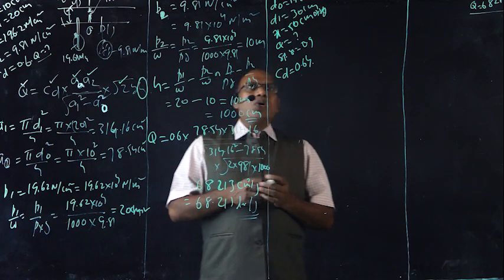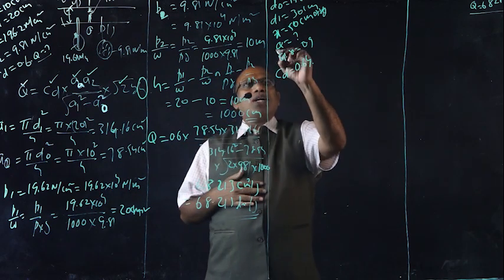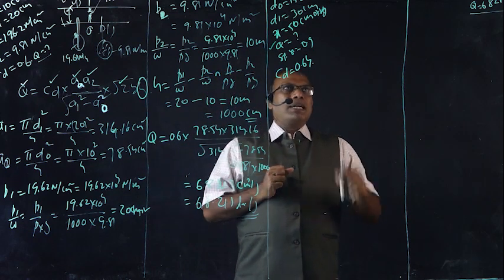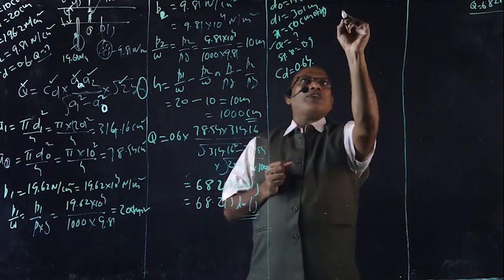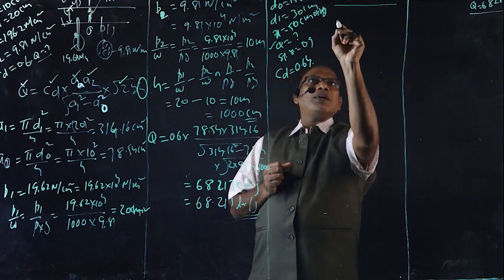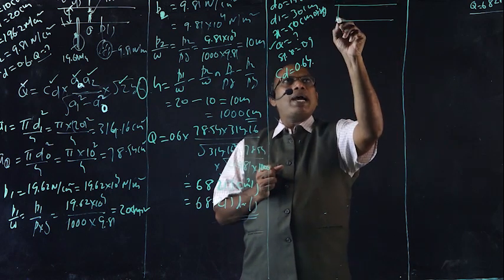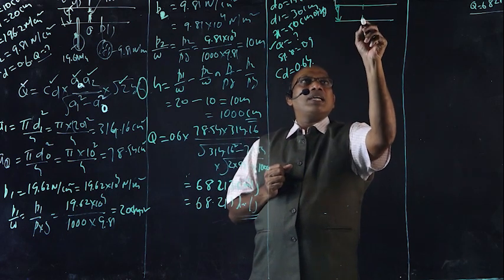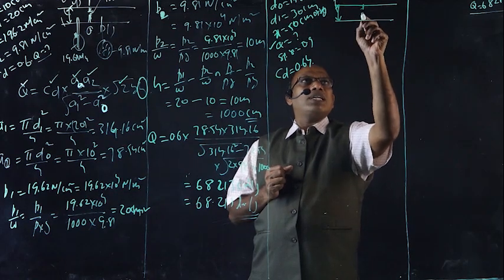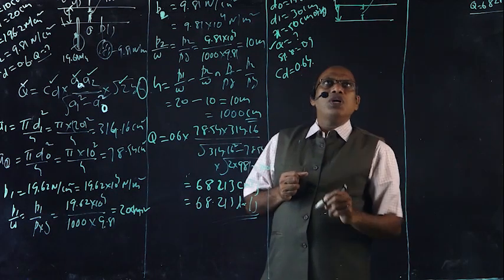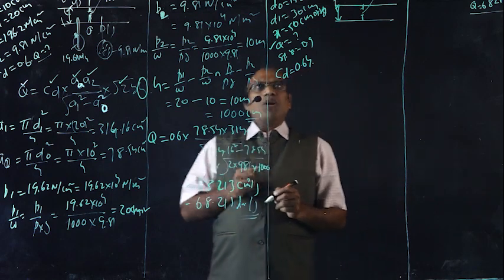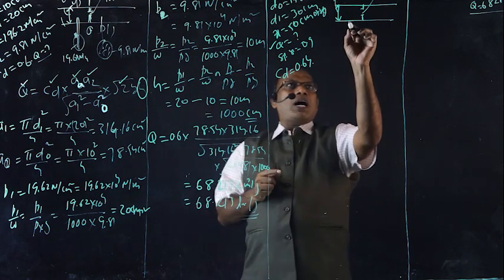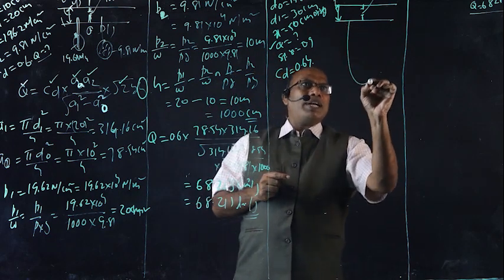In this problem also we are going to determine the rate of flow discharge of the pipe, but here there is an orifice meter provided in the pipe. The pipe diameter is 30 centimeters. Here there is provided one orifice. The orifice diameter is equal to 15 centimeters. And one more point, the upstream side and downstream side are provided with one manometer like this.